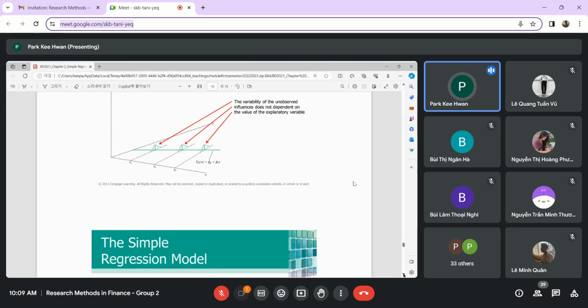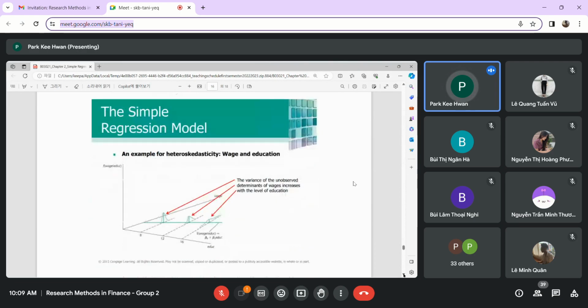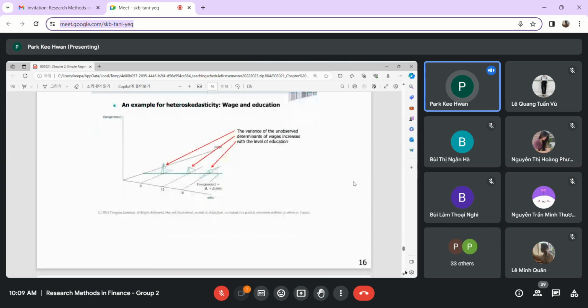But what if that assumption does not hold? That is what we call heteroscedasticity. This is when the homoscedasticity assumption is violated.